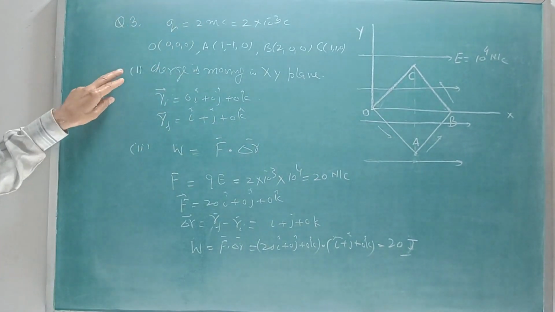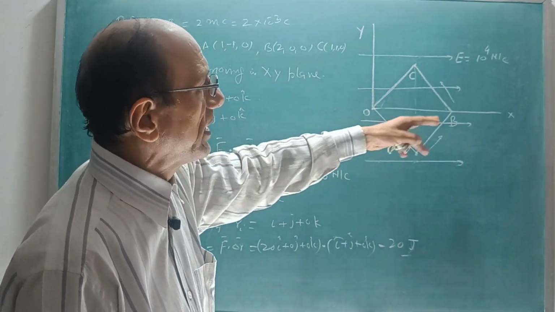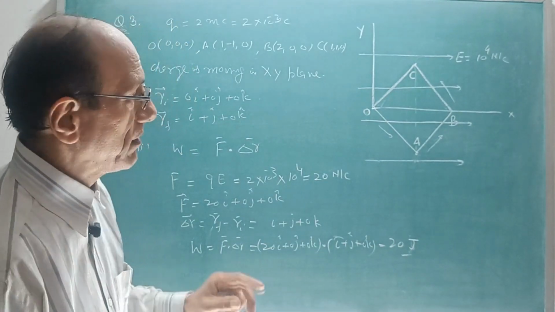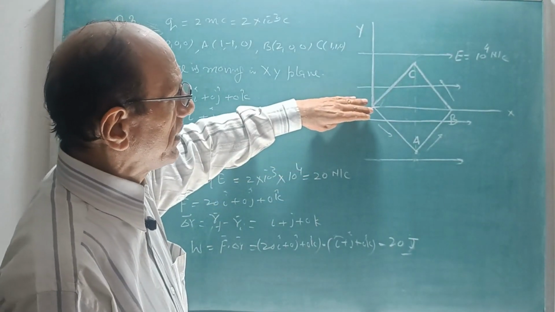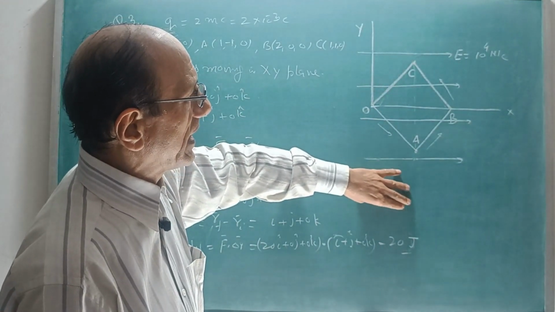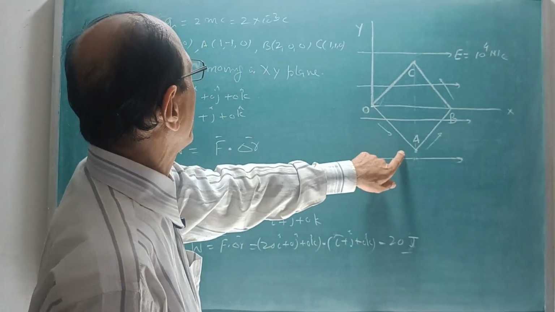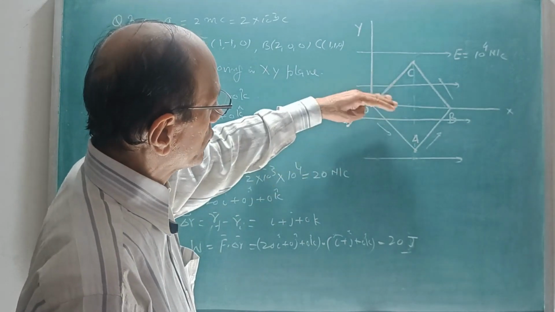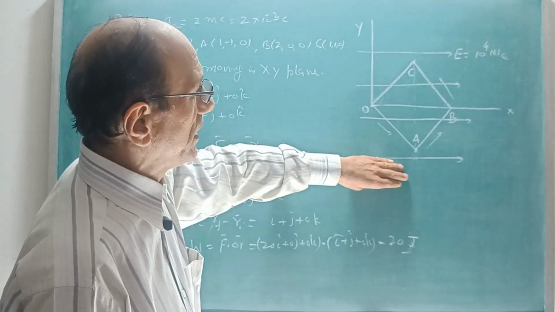The first thing the question is asking is in which plane this charge is moving. The charge is moving in the xy plane, because O is 0 0, A is 1 minus 1 0, on this plane.